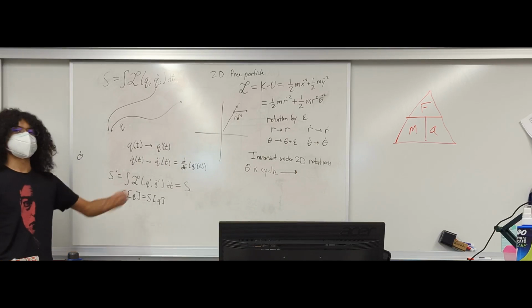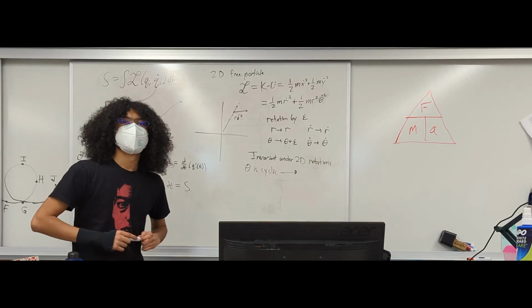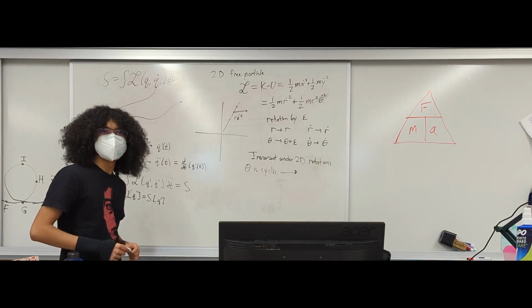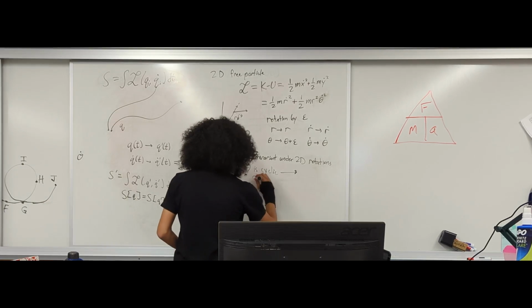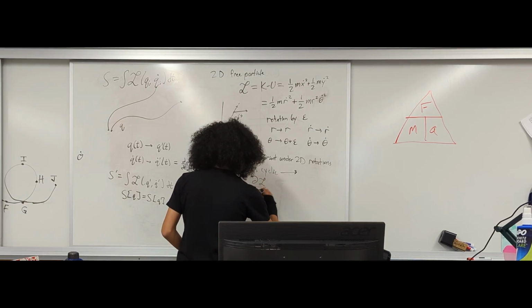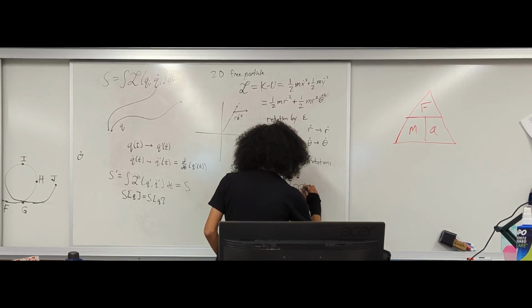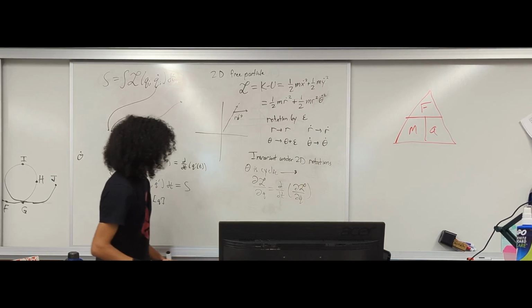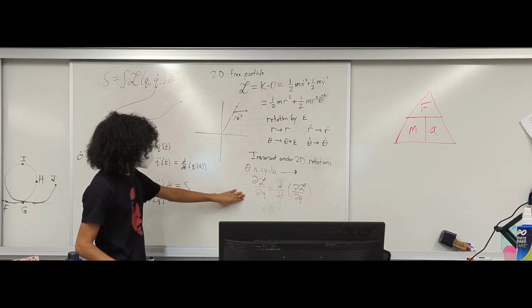Right, but what was the consequence of having a cyclic coordinate? Lagrange equations. It doesn't appear in the Euler-Lagrange equation. Yeah, so this is 0.